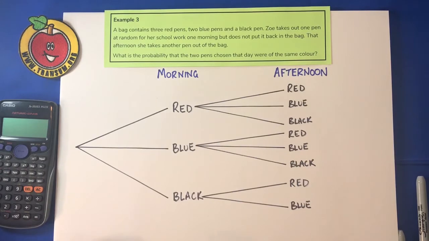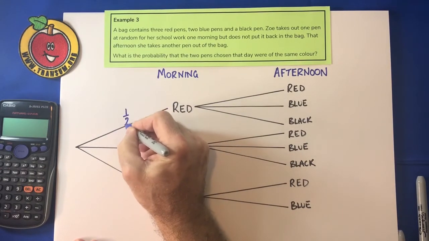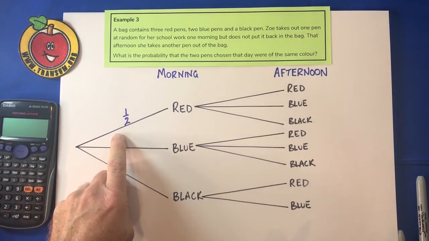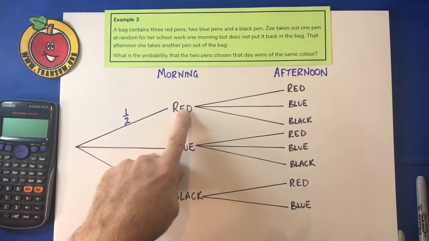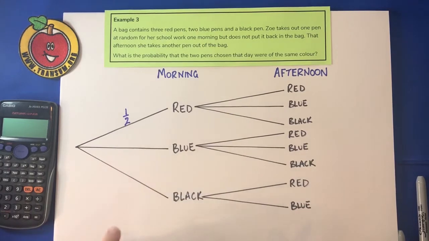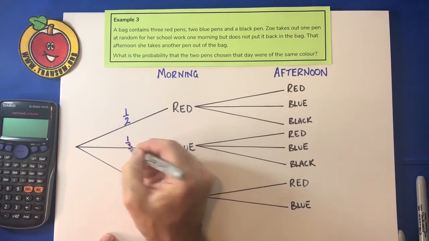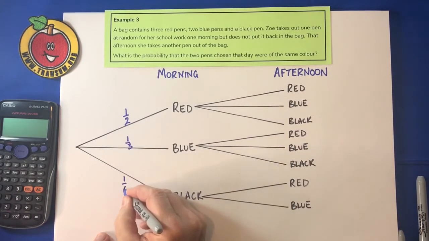So I'm going to write that down as 1/2. 3 red pens out of 6 pens altogether, so the probability is 3 out of 6, which I've reduced to its lowest terms, 1/2. The blue pens, there are 2 blue pens out of 6 altogether. 2 out of 6, that can be written down as 1 out of 3. And there's only 1 black pen, so that's 1 out of 6.